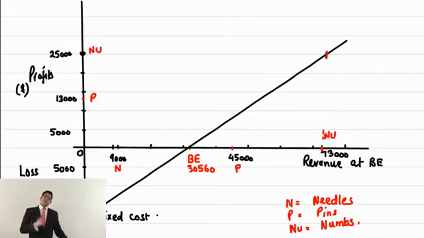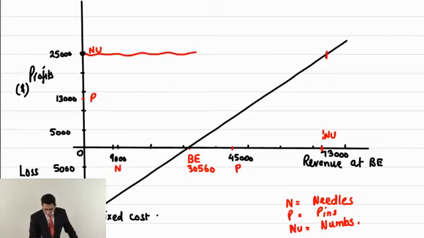Now, this straight line doesn't tell me where are nums, where are pins, where are needles. We sold all three products one by one. Customers were coming for one, and we were selling whatever the customer was demanding, but we were offering all three products together, and all three products together generated a total profit of $25,000.